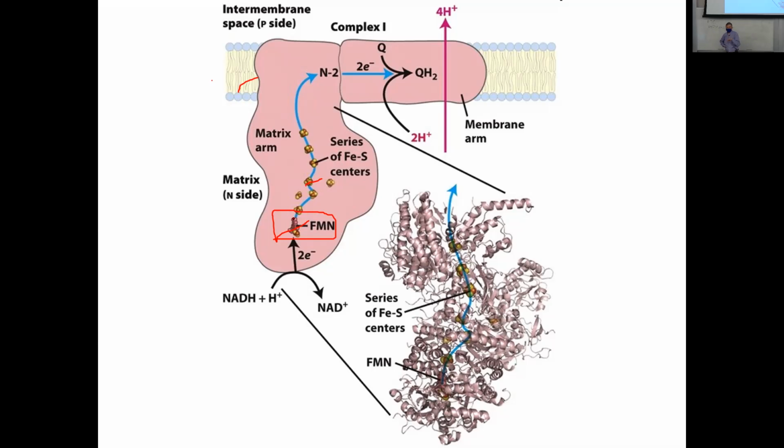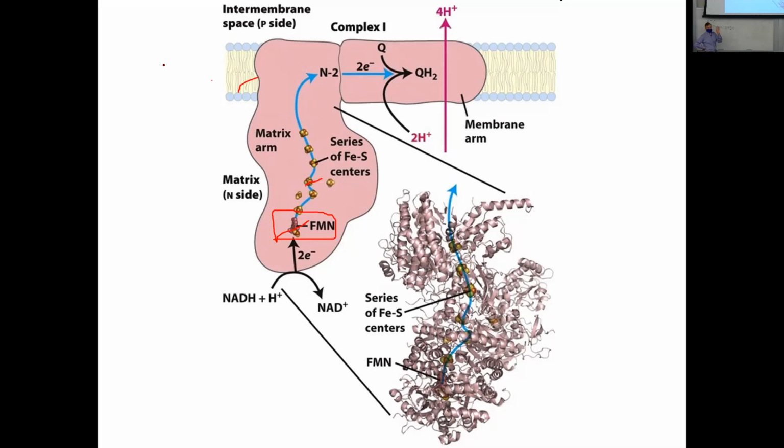In static X-ray solved structures of the complex 1, some of these iron sulfur clusters seem too far away to participate. However, I am of the opinion that they wouldn't be there if they weren't going to be used. And so in an actual viable cell in aqueous conditions, under normal physiologic function, probably all of these iron sulfur clusters handle those electrons.